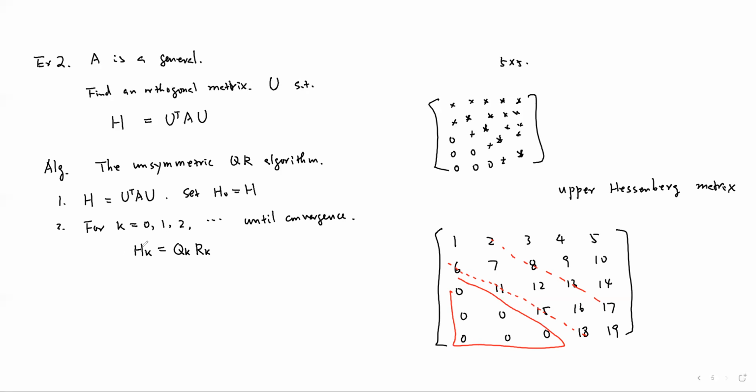If this is the original matrix Ak, then the number of floating point operations for this step is about n-cubed. Now, because H has a special structure, the floating point operations for this step are about n squared.